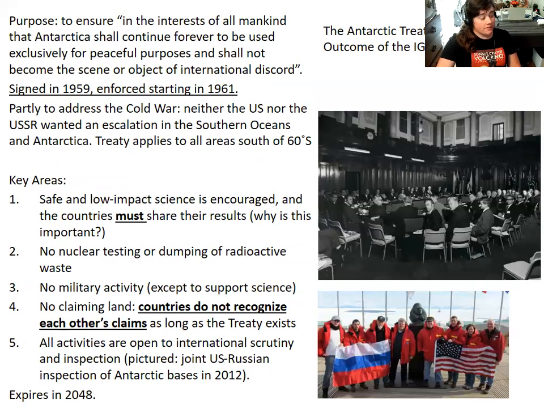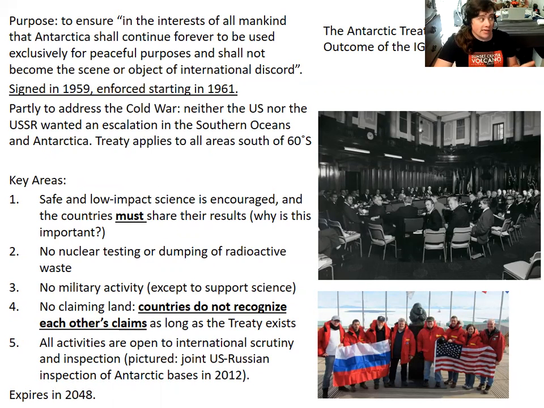So the Antarctic Treaty was signed the year after the geophysical year ended in 1959, and it went into force in 1961. It expires in 2048, and its purpose was to establish that Antarctica would not be a site of international conflict. In addition to codifying protocol for science, it also served as a de-escalation.